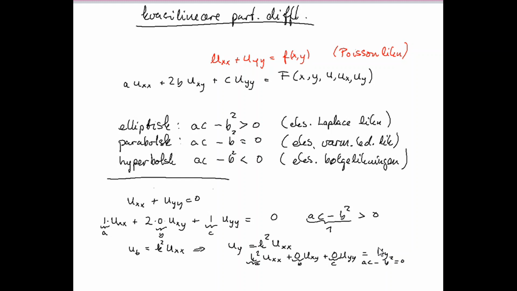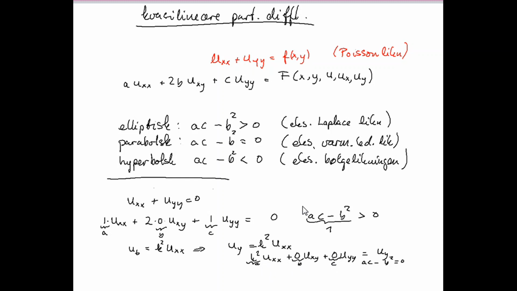And this is now the function f, so f is in this case just equal to u_y. We note that k squared must be a, so k squared is a positive number, and c is 0.